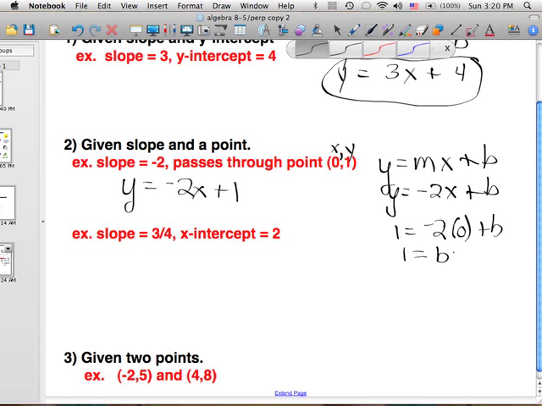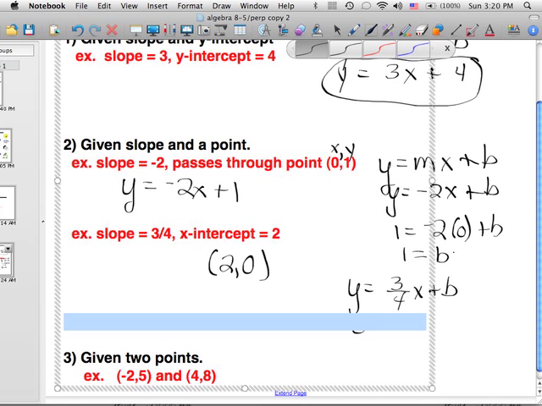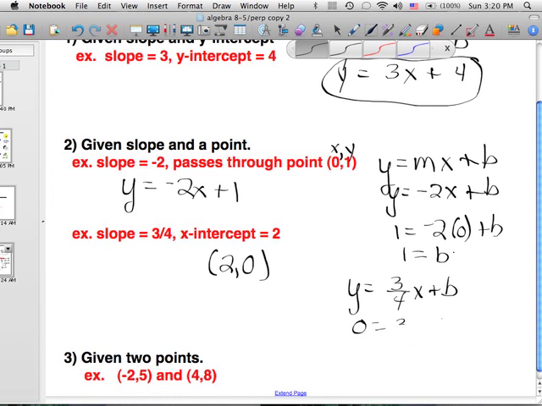If they told me I had a slope of 3/4, I would put 3/4 in. And if the x-intercept is 2, that would be the ordered pair 2, 0. So I would put in 0 for y and 2 for x, and then find my intercept.